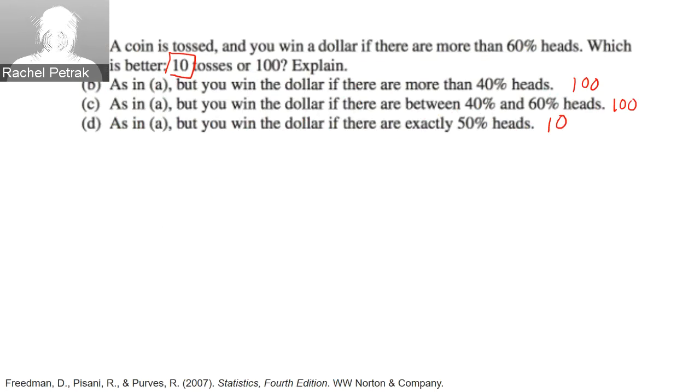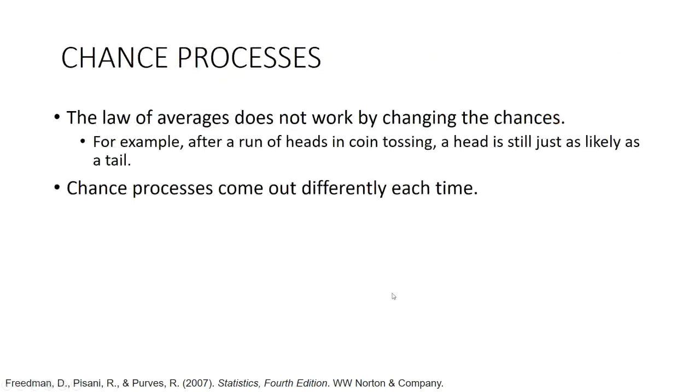As the number of tosses goes up, there's a decreasing probability for the number of heads to be exactly equal to the expected number. It just has to do with the total possible values.